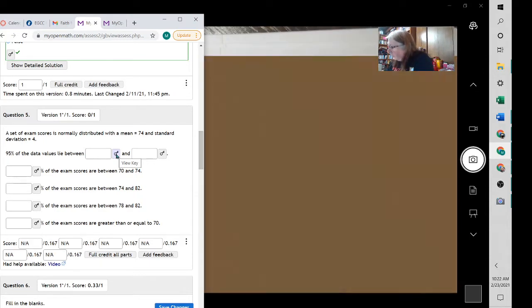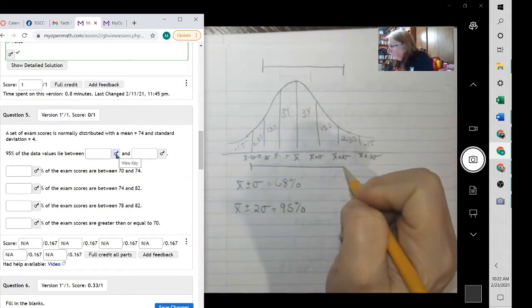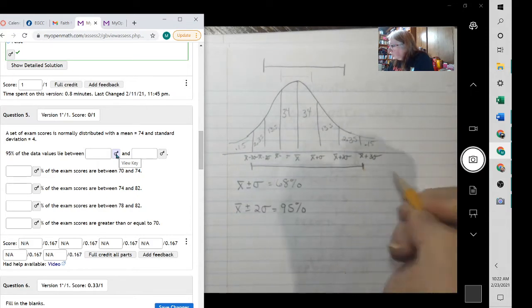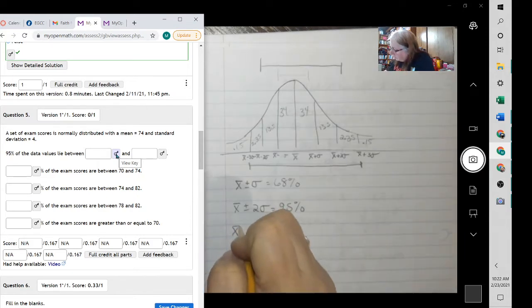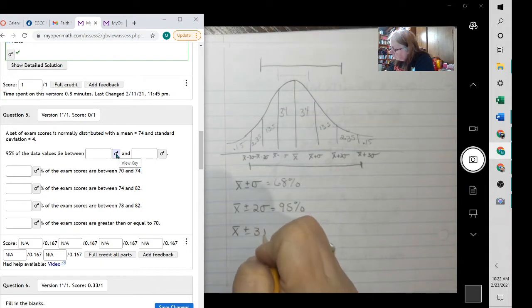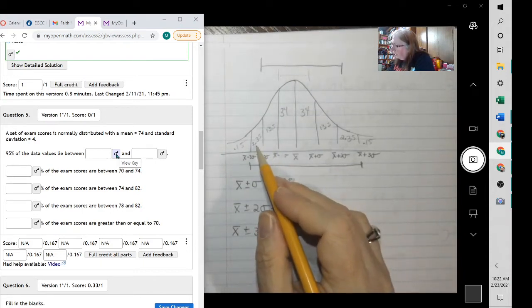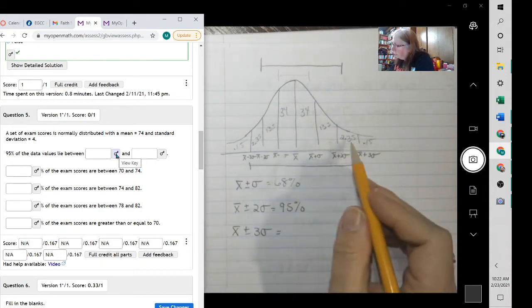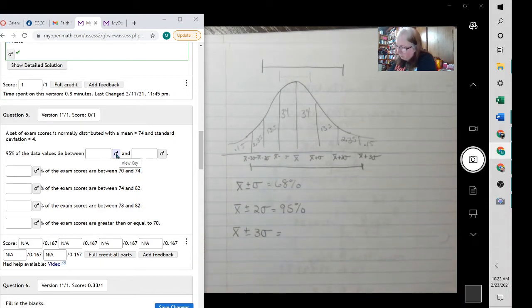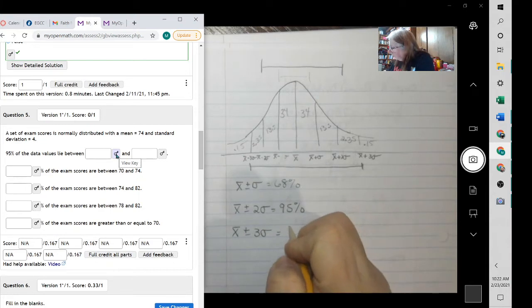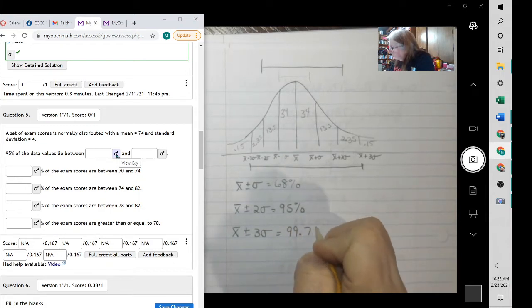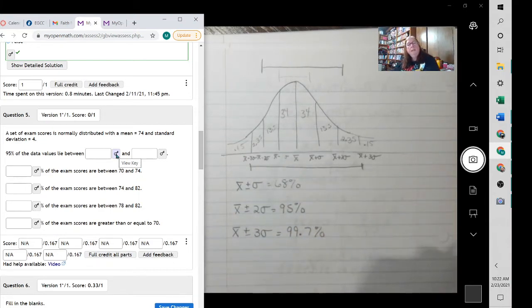And then if we go 3 standard deviations from here to here, we would be adding the two of these, and that's 99.7% of the data.